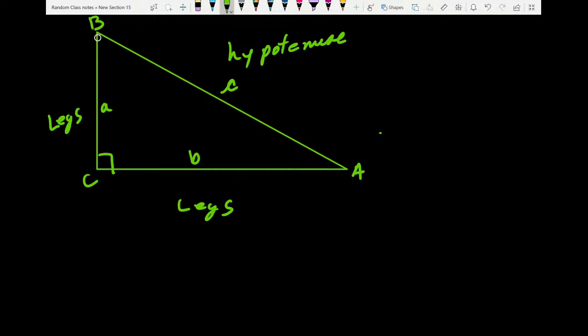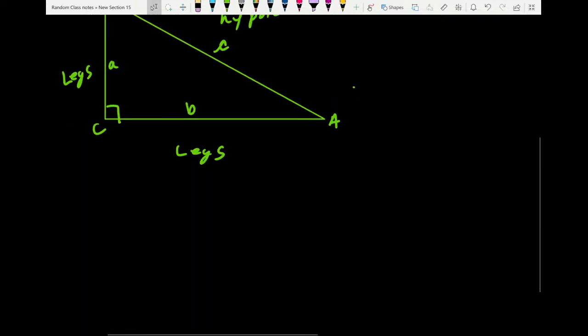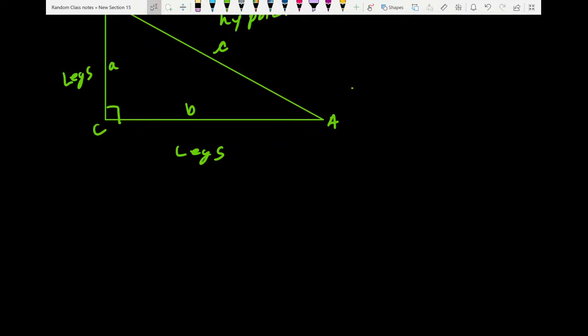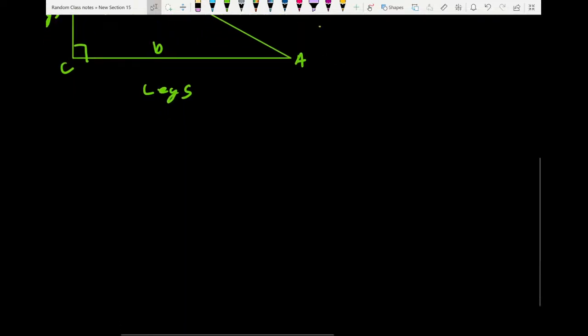But if I look in reference to angle B, then the opposite side would be b, and the adjacent side would be a, and then you have the hypotenuse. Alrighty then. And how do we use the trig?